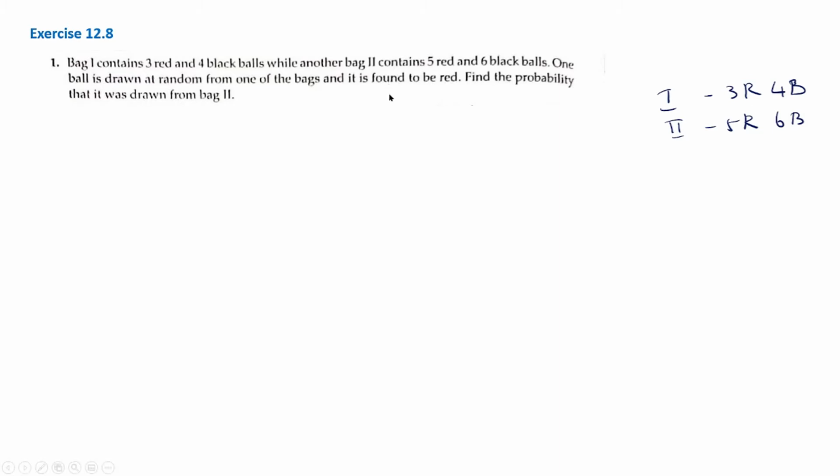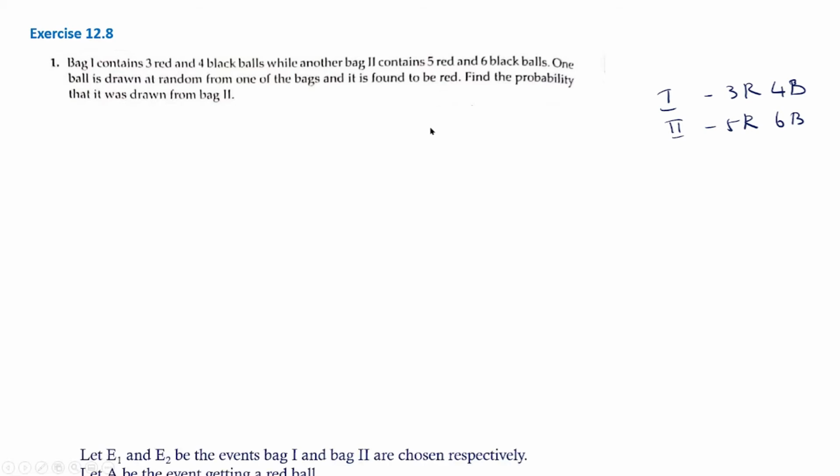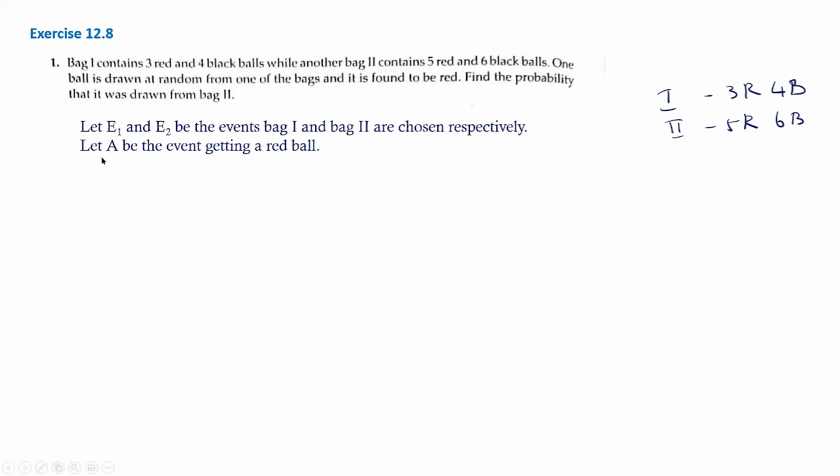So here if the outcome is given and we are asked how we got this outcome, then we have to apply Bayes theorem. On the other hand, if we are asked to find the probability of a particular outcome, then we have to apply the law of total probability or the theorem of total probability. So here let E1 and E2 be the events that bag 1 and bag 2 are chosen respectively, and let A be the event of getting a red ball.